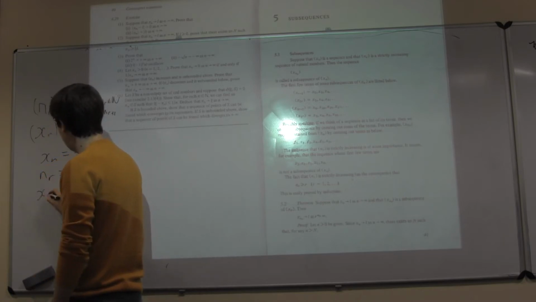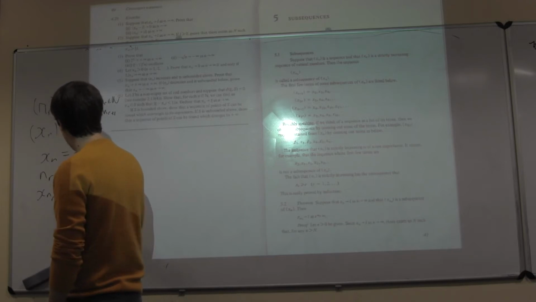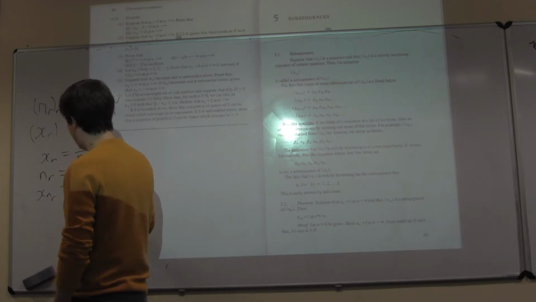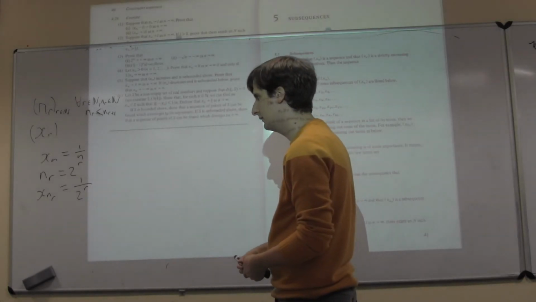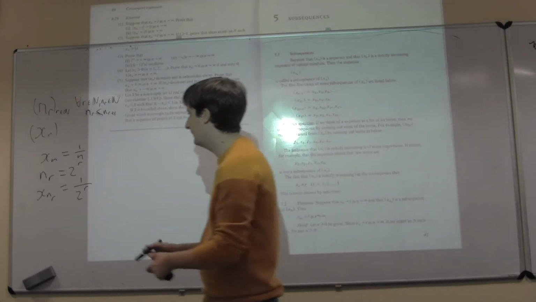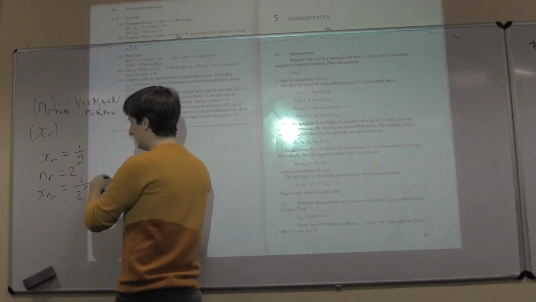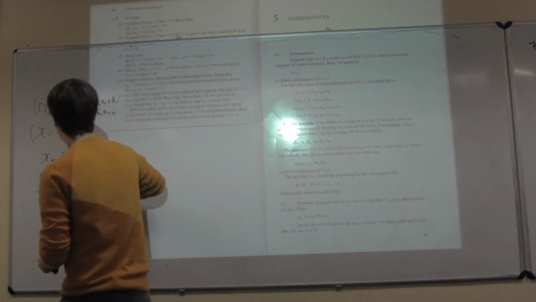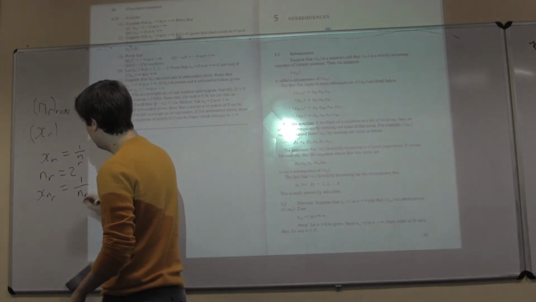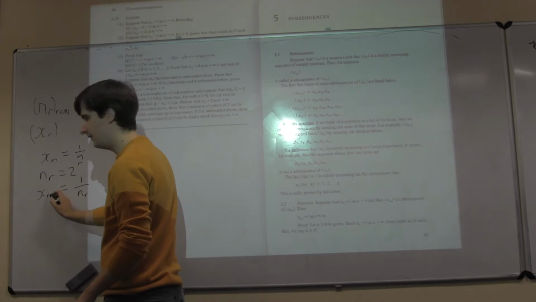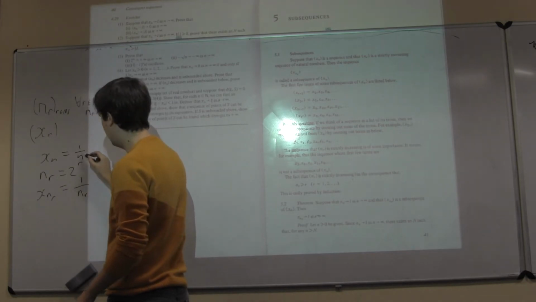So x of n_r is 1 over 2 to the power of r. All we've done is two steps. So x_(n_r) is 1 over n_r, just evaluating x at this element n_r.